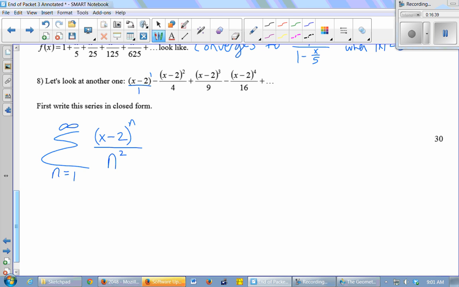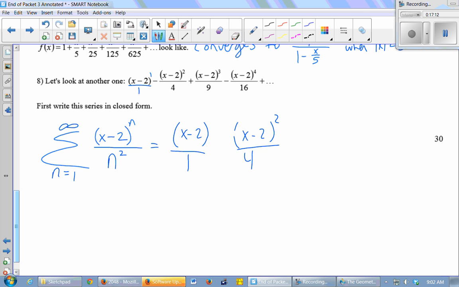And you can always check if your formula is right by plugging in some n's, right? If I plug in n equals 1, I get x minus 2 over 1. And then if I plug in a 2, I get x minus 2 squared over 4, but it's positive. How do I make these signs alternate like that? I've got to have a minus 1 somewhere.